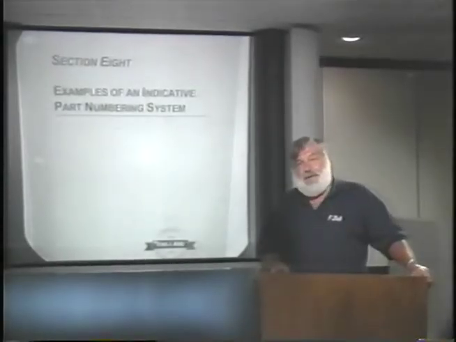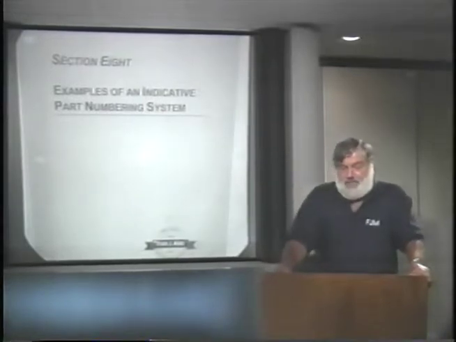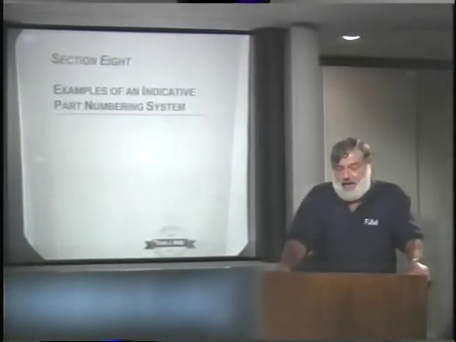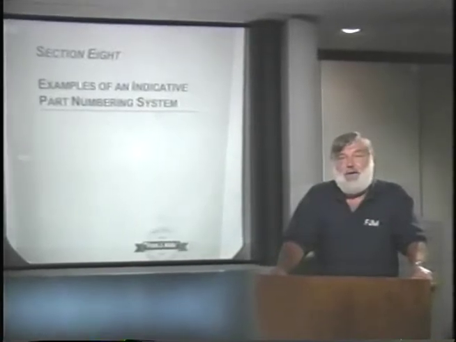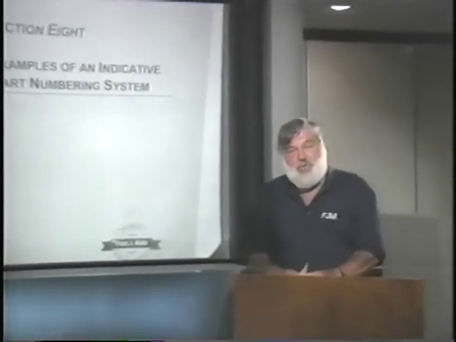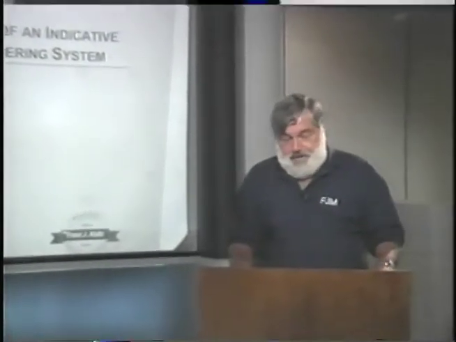As I indicated a moment ago, section 8 is an illustration of an indicative part numbering system. And in this title page, I indicate that this section contains items that have an indicative part numbering system. The part number is generated from the part number matrix.